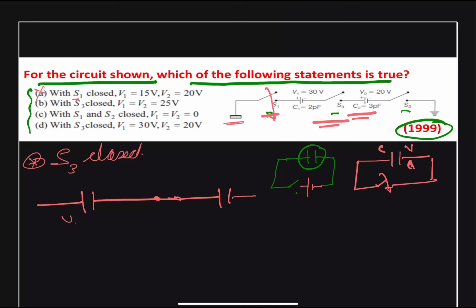So this is our V1 having 30 volt, capacitance is given to us as 2 picofarad, and we have our V2 which is 20 volt, and this is our C2 which is given as 3 picofarad. So this was S3.